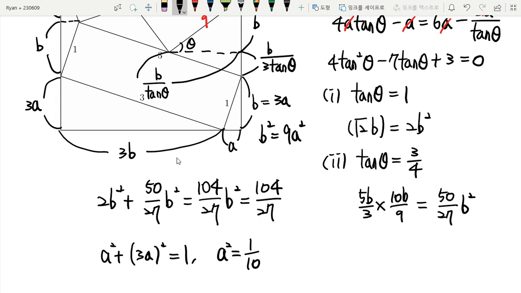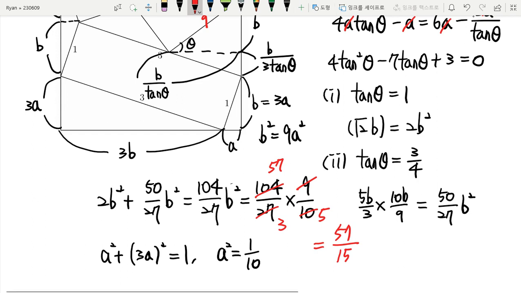So instead of b squared, now we are going to put 9 over 10. So if we simplify this one, the sum of the rectangle areas is 57 divided by 15.